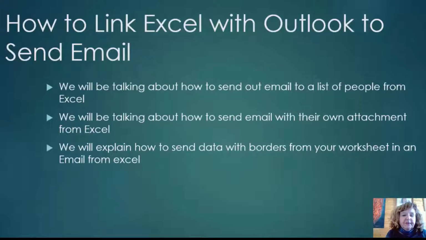I'm going to show you the steps to set up your VBA, and they're basically the same steps for all three topics. First, how to send email to a list of people with their names on it. Second, sending email where each person gets their individual attachment from a list in Excel.